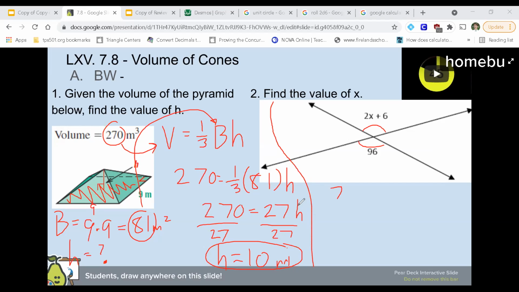So we can write 2x plus 6 equals 96. And then to solve that for x is 2 steps. Subtract 6. 2x equals 90. And divide by 2. X is 45.